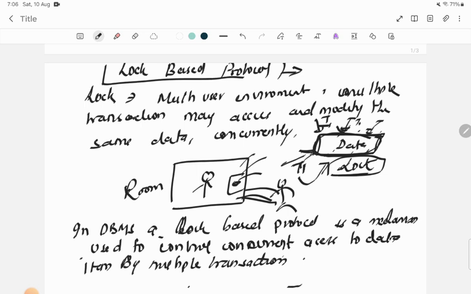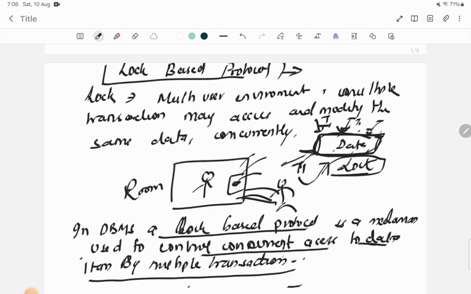With the help of this protocol, a data can be accessed concurrently by multiple transactions, without any confusion or worry, so a data can be shared by all the transactions with the help of the lock.